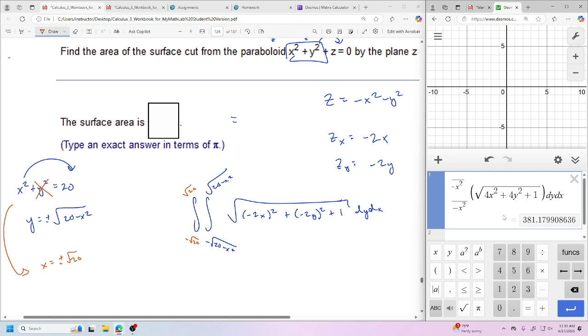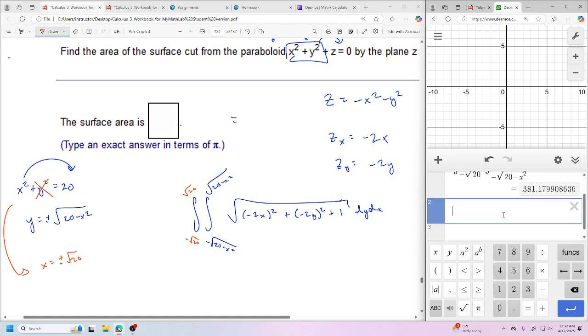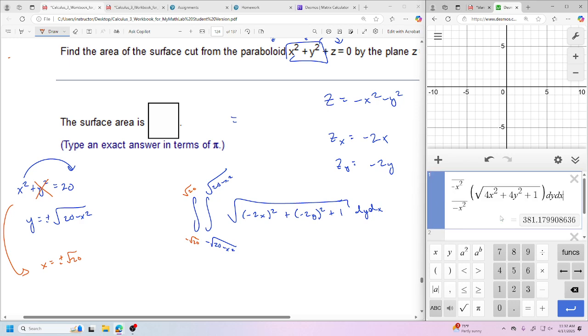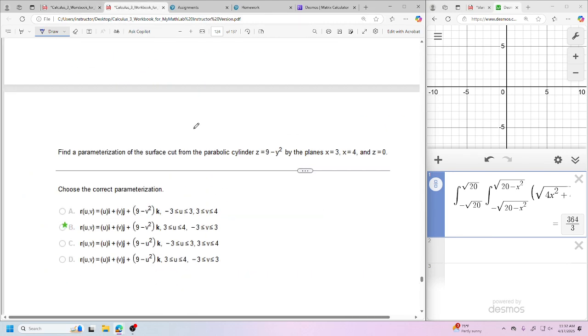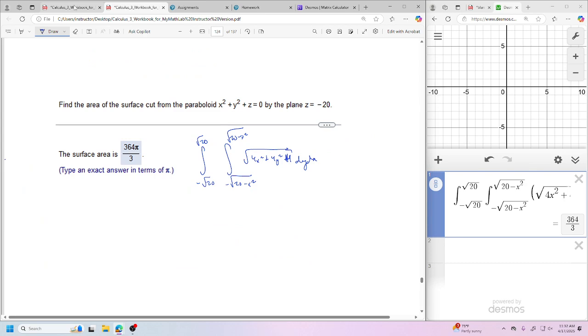The derivative of z in terms of z is 1, right? It's kind of a weird situation. Exactly. Okay. I can't remember if I just divide by pi or something. Oh yeah, there it is. So it's a pi answer, 364 pi over 3. Flash the answer, and there we got it. No problem.